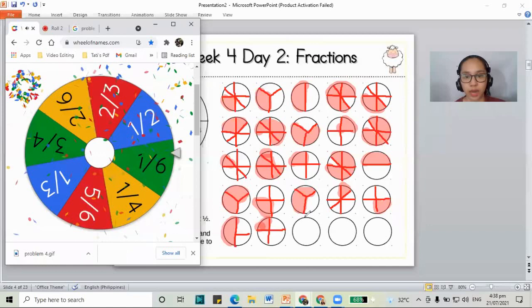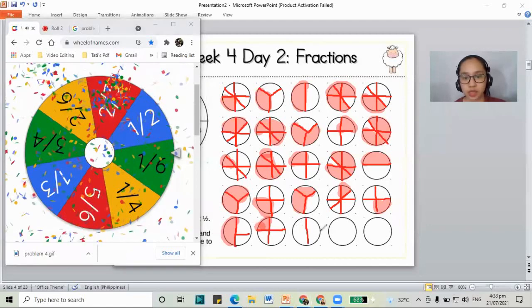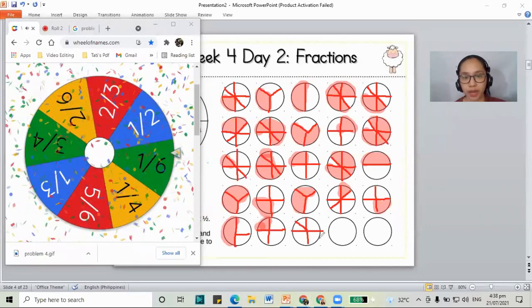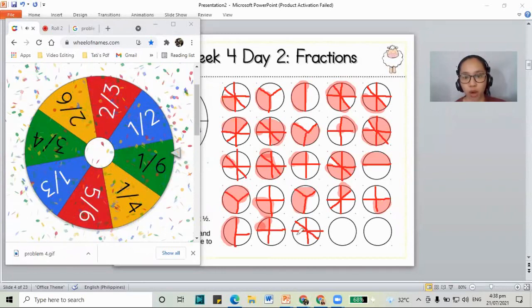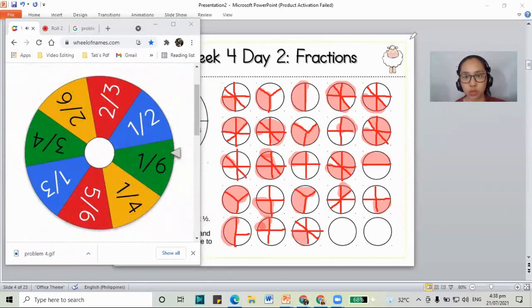This one, we have 1 over 6. 6 parts of the pie, and you color only 1. The next one, almost there.